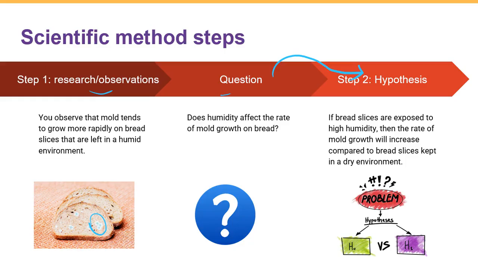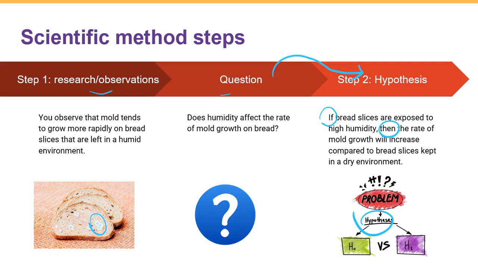The hypothesis always comes with if and then. This is a guess, but it is an educated guess because you researched before forming this hypothesis. So you're going to solve this problem by creating this hypothesis: if this, then that is going to happen.